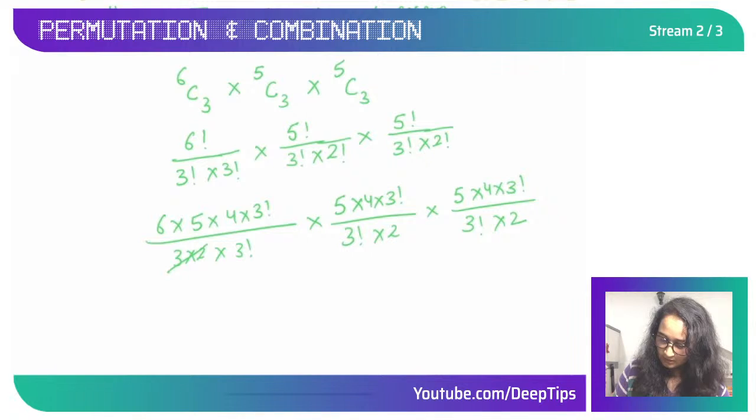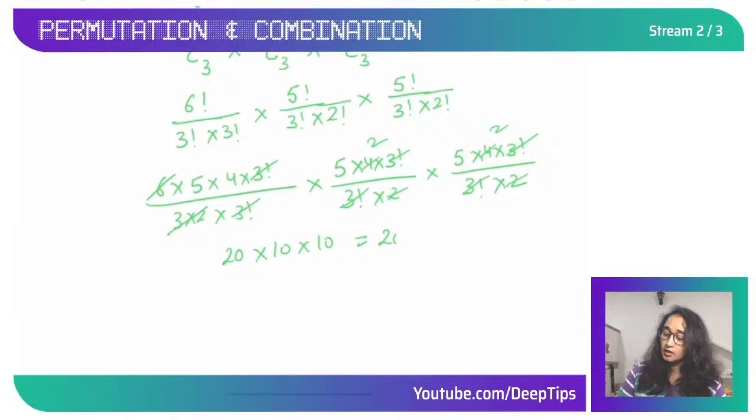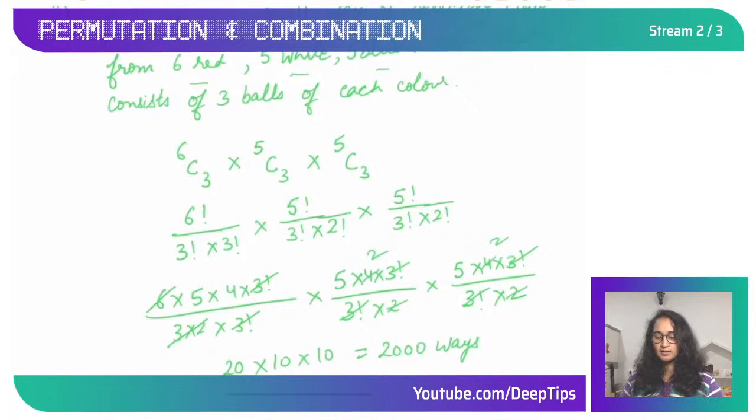So this can get cancelled, this gets cancelled. 2 2s are 4, 2 2s are 4. So this is 20 into 10 into 10. So I have 2000 ways to select 9 balls from the given colored balls, with the condition that 3 balls of each color are included.